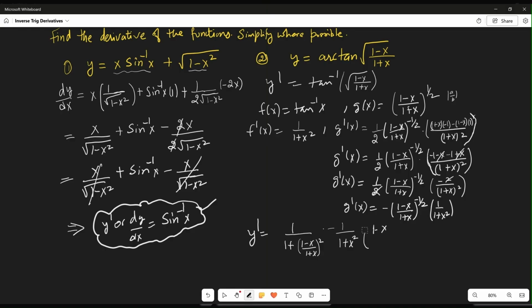So that bring it down as well, times 1 over 1 minus x over 1 plus x square root, right?